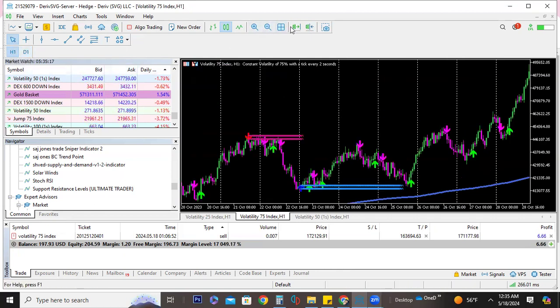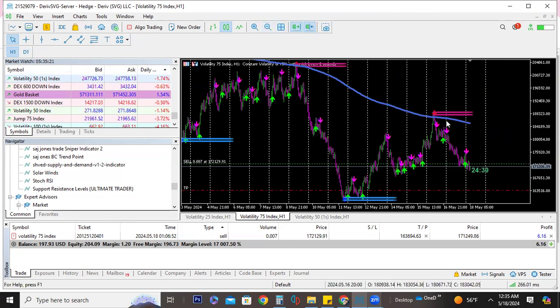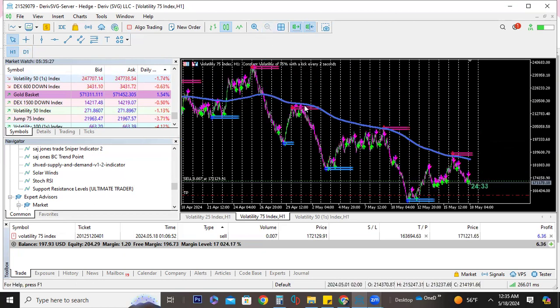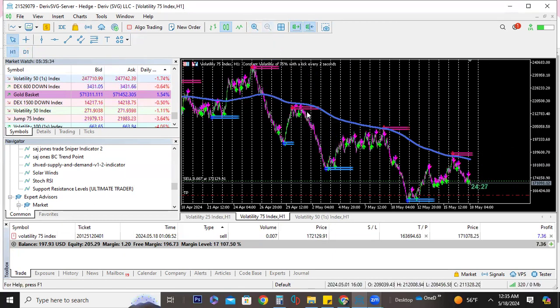And what I do is I clarify the direction, right? So the direction on the overall hour time frame is down, because the candles are below the 200 moving average, and the 200 moving average is at an angle.